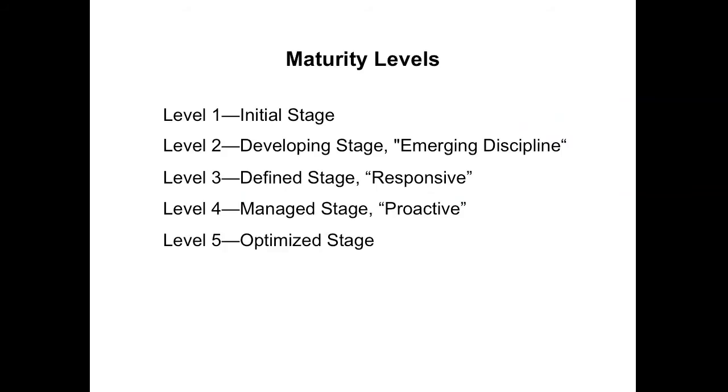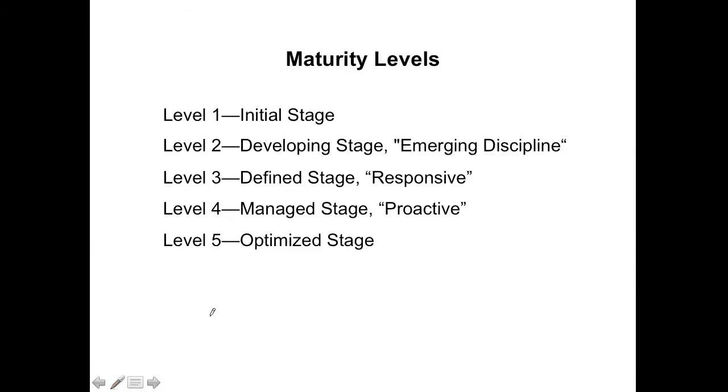So this is a somewhat generic model of maturity, and there are quite a few different types of models like this. The way you should look at this is that you should see it as a staircase, one could say, right?